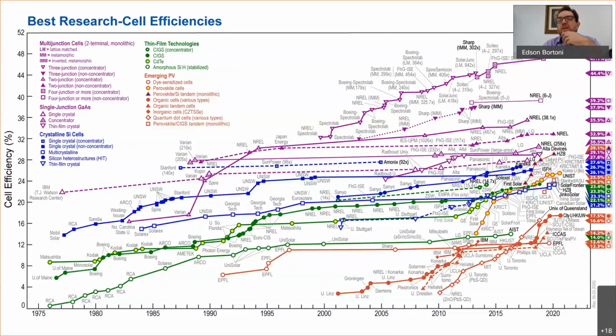Let's see, for example, this kind of cell is denoted by a square and a dot inside. Purple square with a dot inside. What does the purple square with a dot inside mean? It's a 4-junction with concentrator, a high efficiency cell.